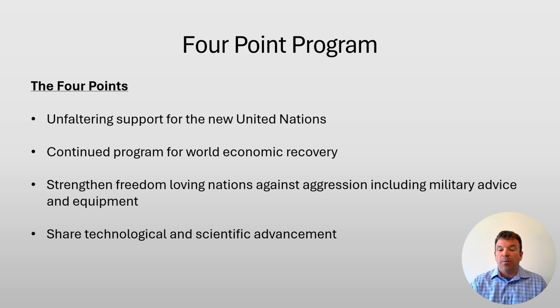So the United States would help to train and equip foreign militaries for their own defense and self-protection. And lastly, the United States would share technological and scientific development and advancements with people of the world. So the United States would not just keep its own scientific advancement and development. It would share it to help the people of the world grow and develop.